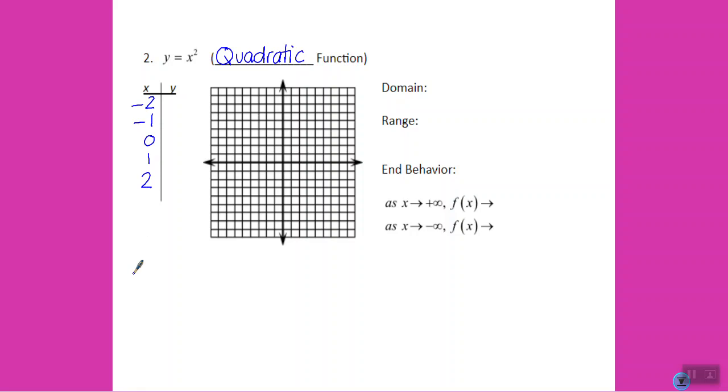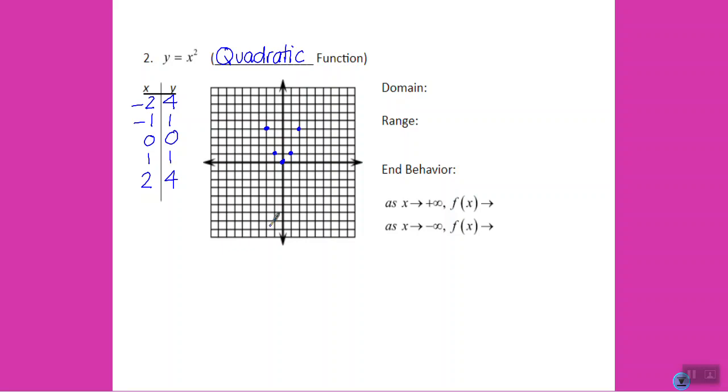Technically, you could put any number in there you wanted. -2 squared is 4, -1 squared is 1, 0 squared is 0, 1 squared is 1, 2 squared is 4. So I'm going to plot them. -2, 4, -1, 1, 0, 0, 1, 1, and 2, 4.